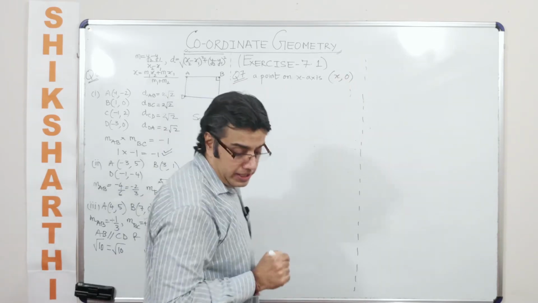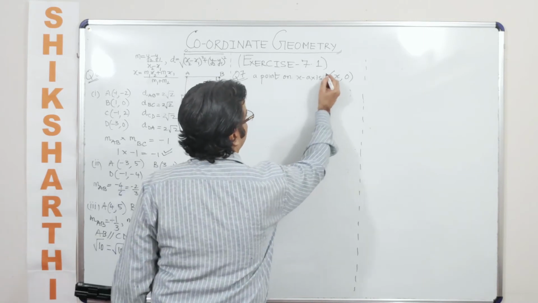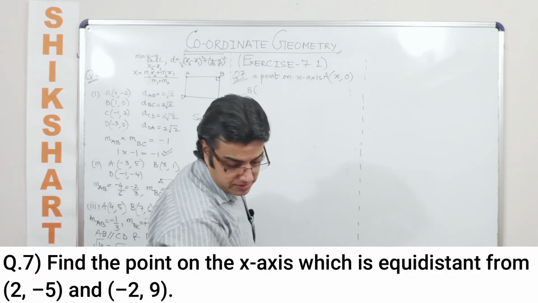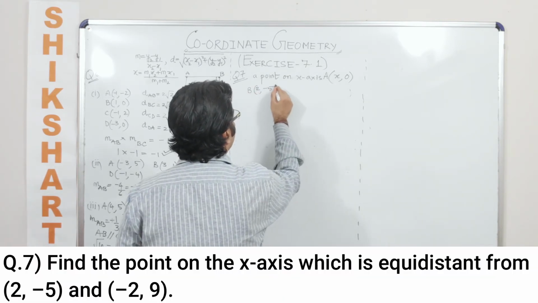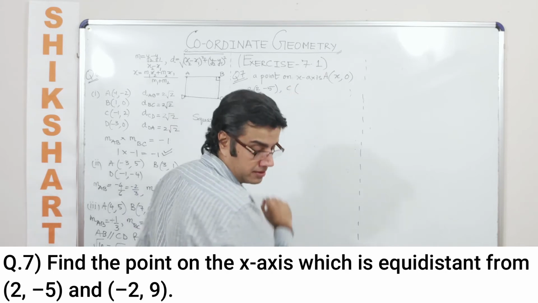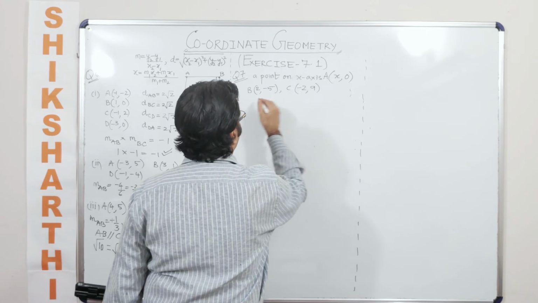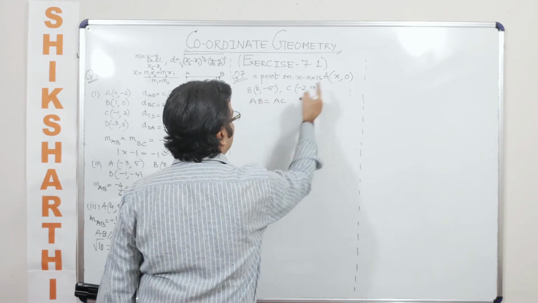So let's say this point is A, and point B is given to you as (2, minus 5) and point C is given to you as (minus 2, 9), and it is already given to you that AB is equal to AC. Let me solve this.